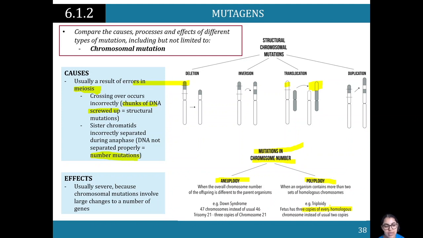An example of that is the condition triploidy. An example of aneuploidy is Down syndrome.